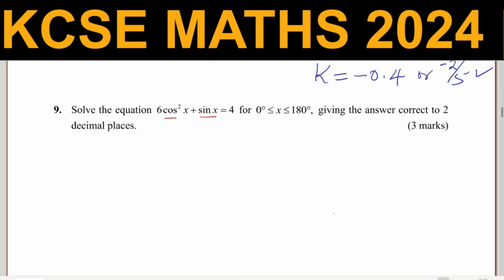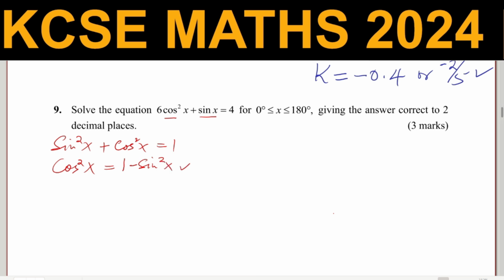The concept that is going to help us here is the trigonometric identity, and I'll write it here. Sine squared x plus cosine squared x is equal to 1. Using this identity we can make cosine the subject, and cosine squared x will be given by 1 subtract sine squared of x.